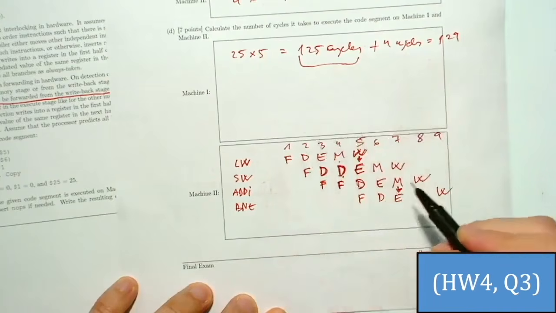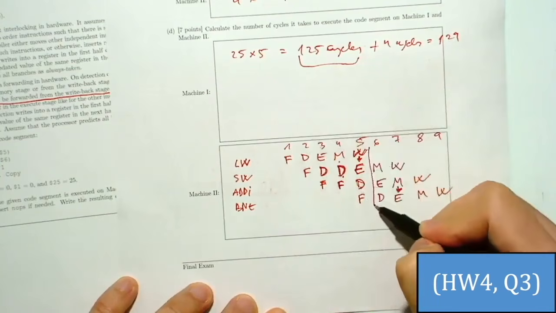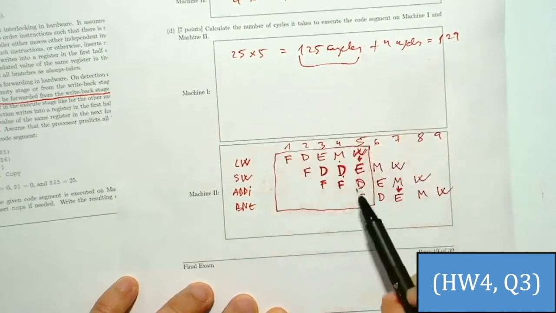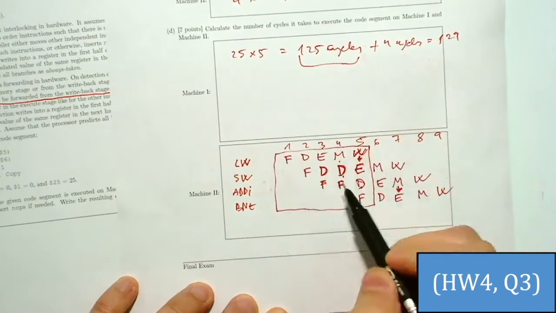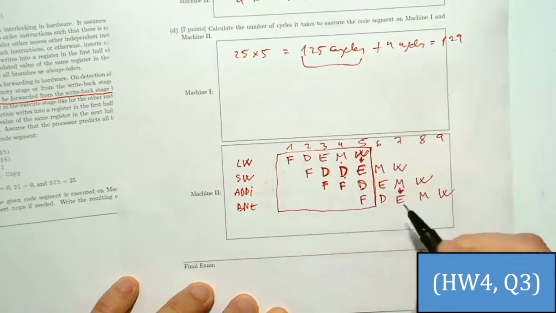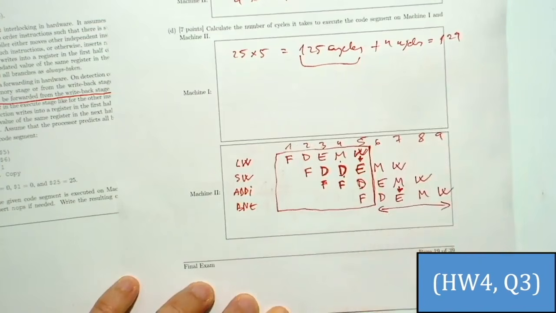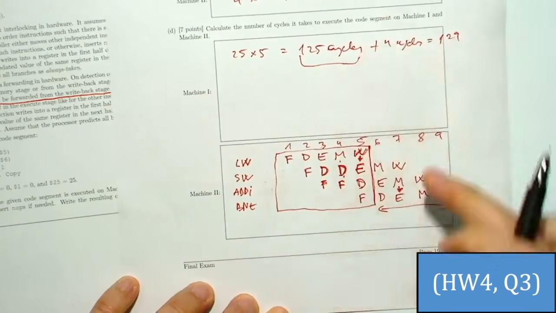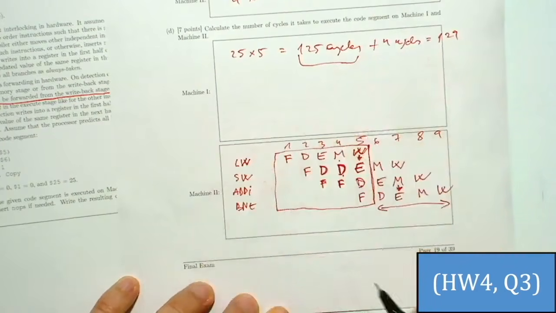So in each loop we need 5 cycles, and then in the final loop we need 4 additional cycles to finish the last instruction. So basically, it's the same number of cycles for machine 1 and machine 2 executing the same number of cycles, 129.